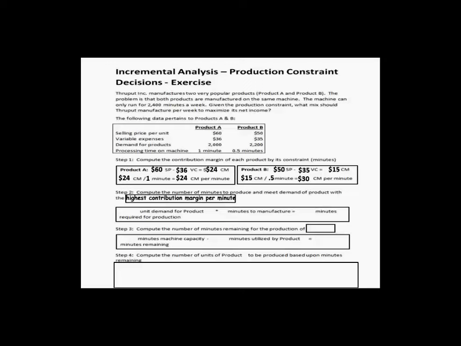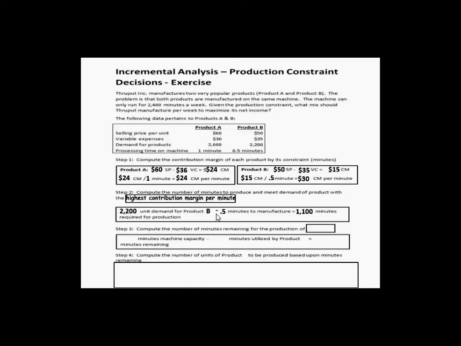So now I want to sell as much of product B as I can, because that has the highest contribution margin compared to our constrained resource. So I know I have 2,200 unit demand for product B.